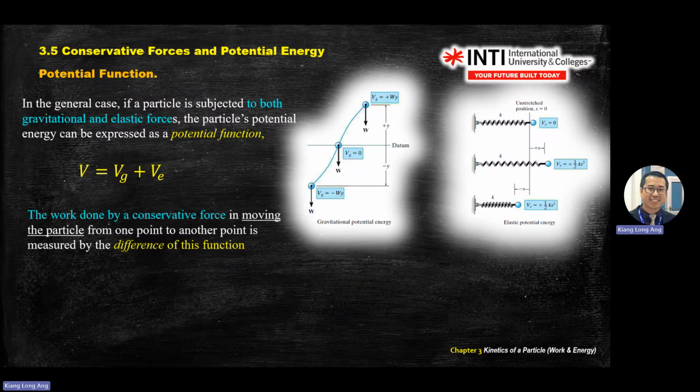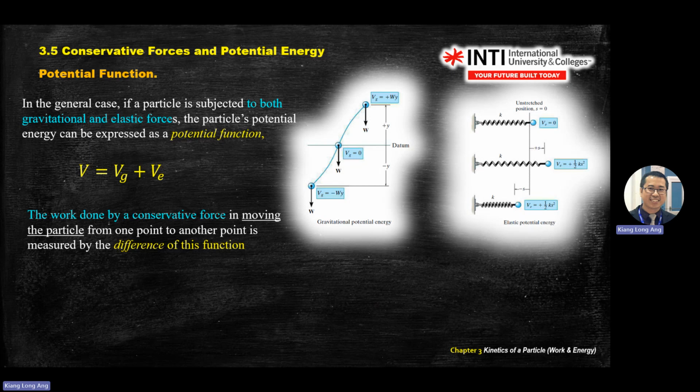So when you consider potential energy, you need to look at the diagram. Either there's a change of position or there is a spring used in the system. You need to consider these two. If there's no spring, then you take out the spring component. But usually you have a change of position.